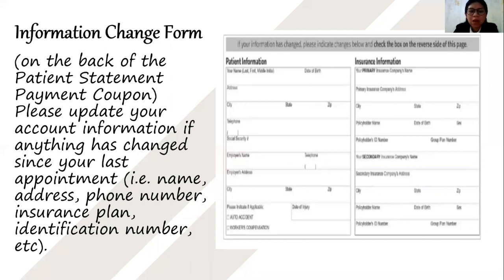So you can see the personal information of the patient: their name, date of birth, address, city, telephone number, and the insurance information, as well as the name of the primary insurance company, the insurance address, and the insurance ID number.